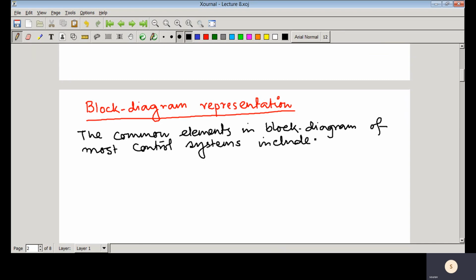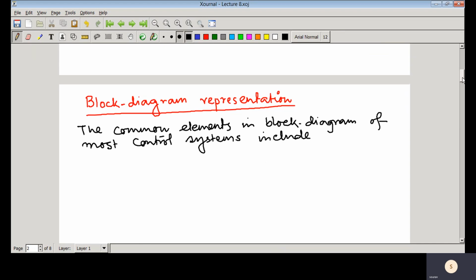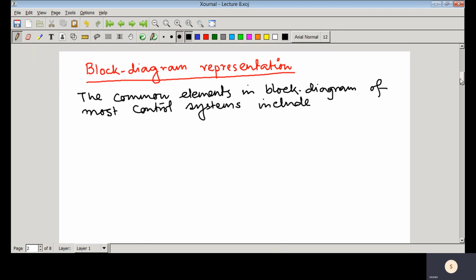So these are actually the main block diagrams involved in control systems, closed loop control systems.